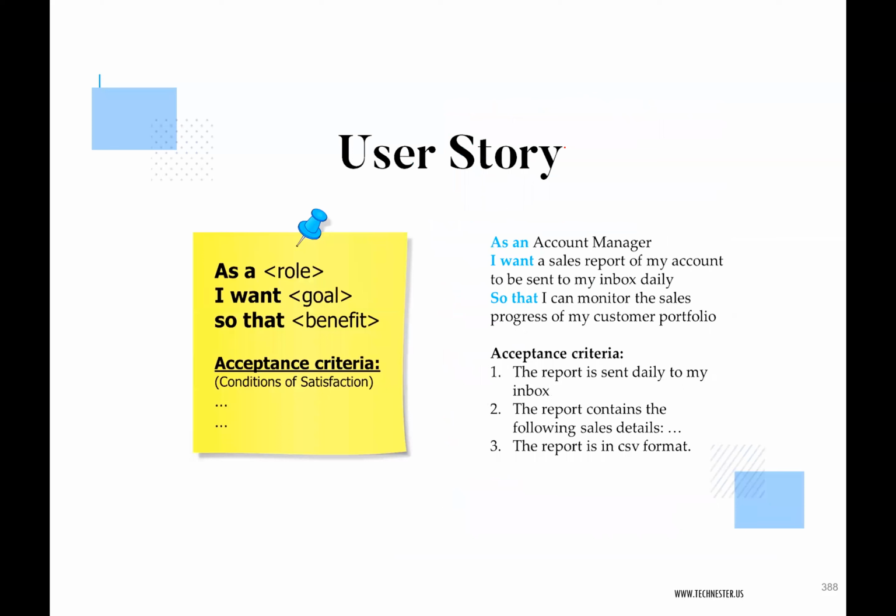So still on user stories. These are the keywords again. As a role, I want, so you're stating the goal, which is the functional requirement, so that, describing the benefit. And after your user story, you are supposed to state the acceptance criteria.